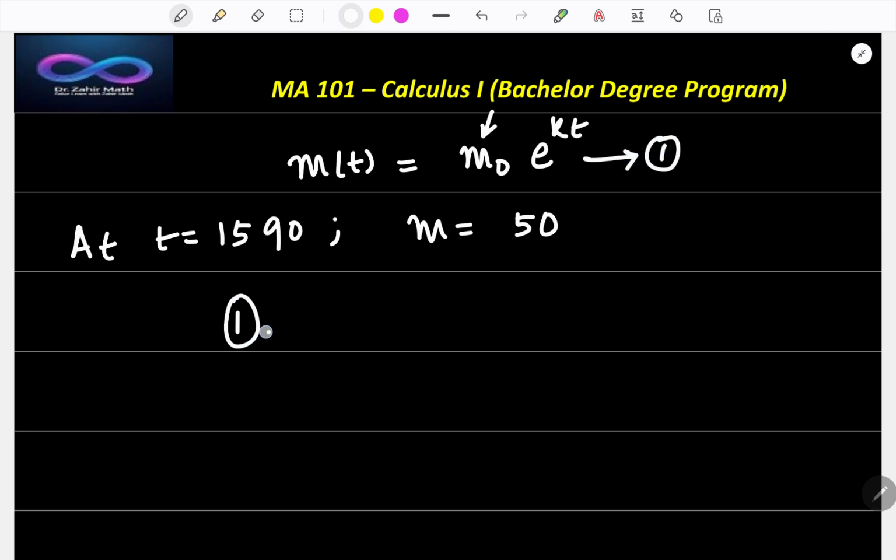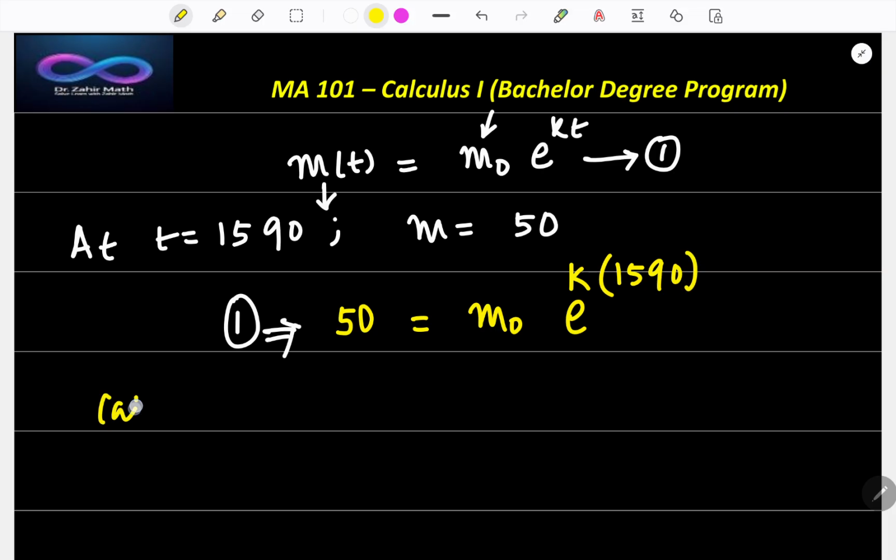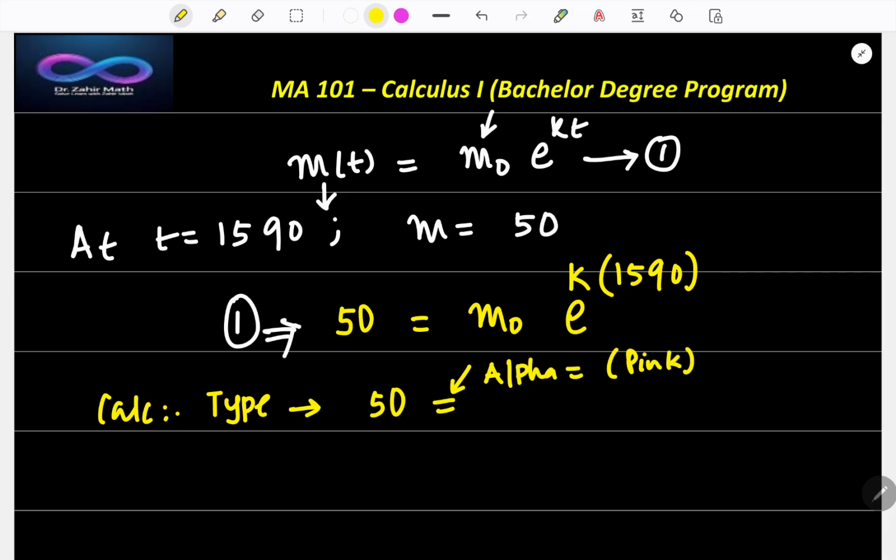So equation 1 becomes 50 is equal to m naught, I don't know, I have to find, e to the power of k times 1590. Just take your calculator, all of you, please. Type this equation. When I say type, you have to type like this. 50 equal. This equal is alpha equal, which is pink color. Keep in your mind alpha equal. And then this m naught.